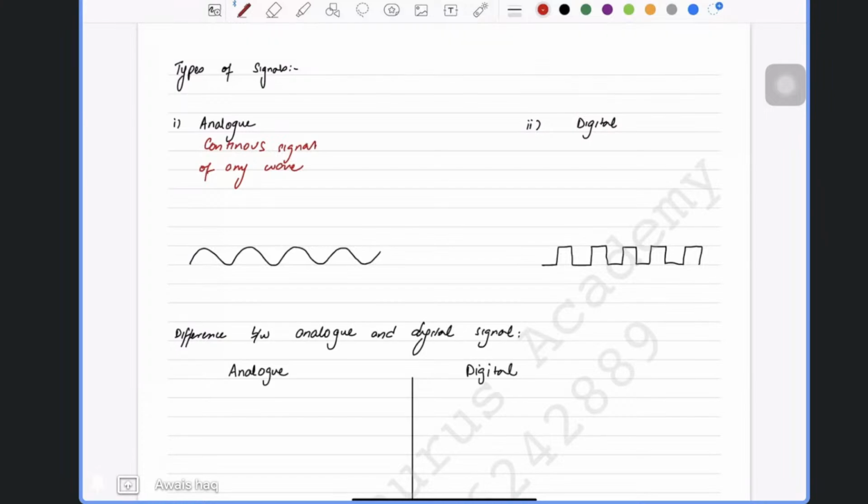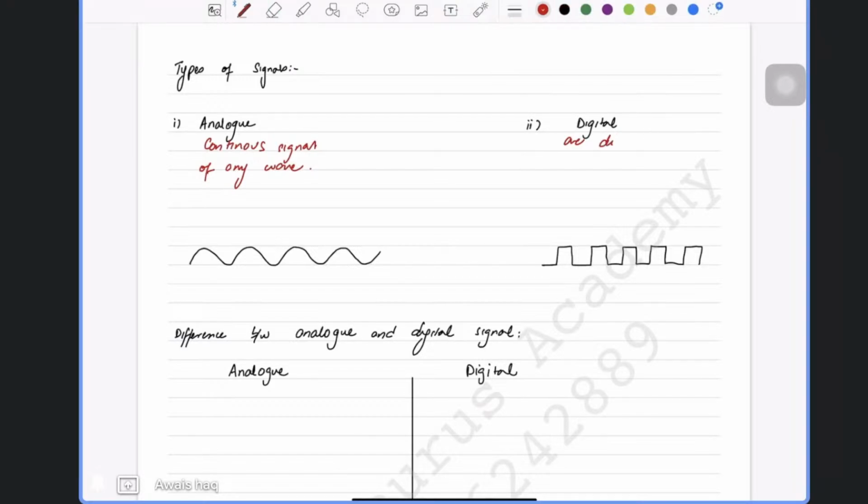Analog signals are basically continuous signals of any wave. Radio waves and microwaves are used in this. What do we mean by a continuous signal? I'm going to tell you in a bit.